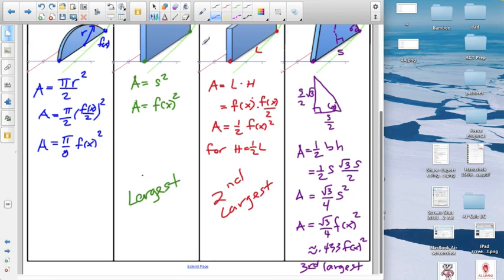And pi over 8 is approximately 0.323. So this is about 0.323 f of x squared. So this is going to be our smallest volume if we use shapes of that cross section.